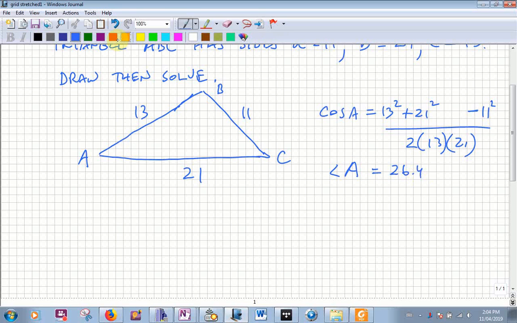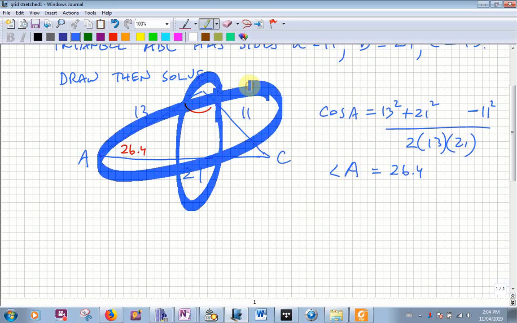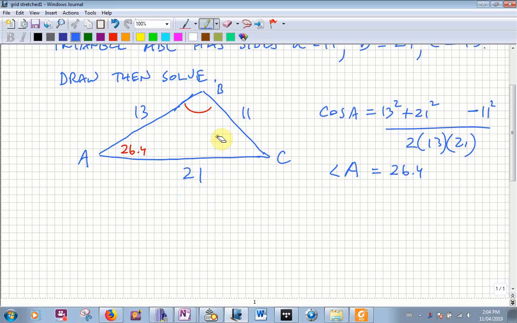Alrighty. That's 26.4. Now the next thing I'm going to do is get angle B. This guy. There are two ways to go about it. Stay with me here. Some would do sine law, and some would say, hey, I just did cosine law, that felt real good, I'm going to stick with cosine law.